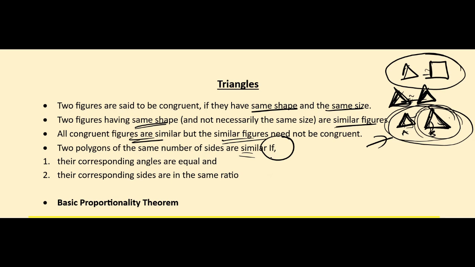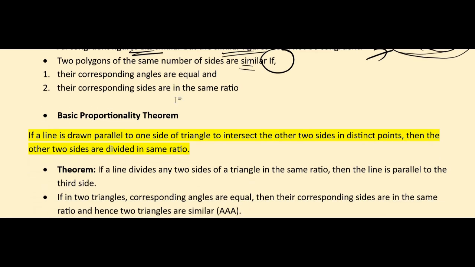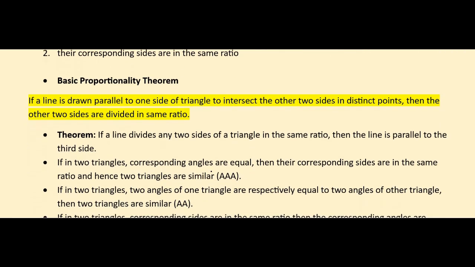Next, the important theorem, the basic proportionality theorem. If a line is drawn parallel to one side of a triangle to intersect the other two sides in distinct points, then the other two sides are divided in the same ratio.